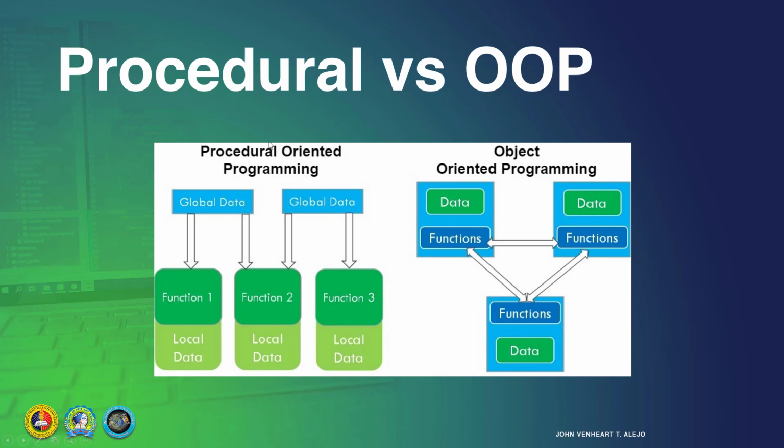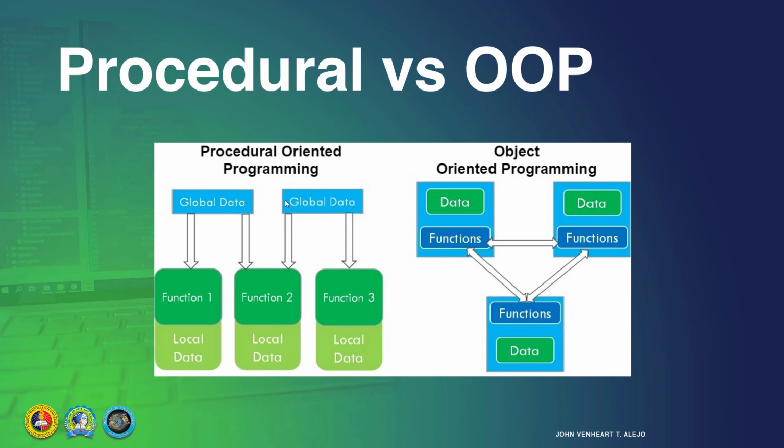In procedural programming, as you can see, we have global data that is declared throughout the program. That global data can be accessed through all functions, and every function has its own local data. To understand the concept, let me give you an illustration. Negros Oriental is a province consisting of many municipalities and cities.